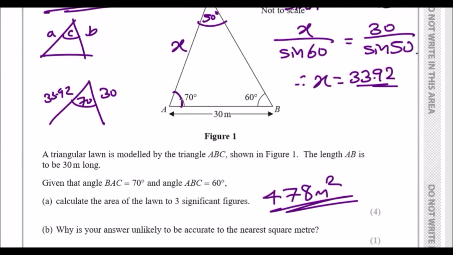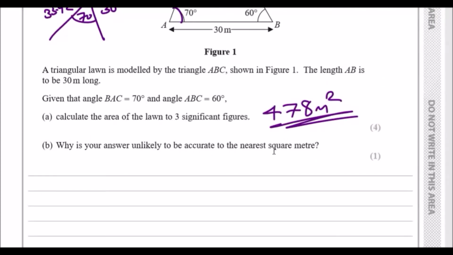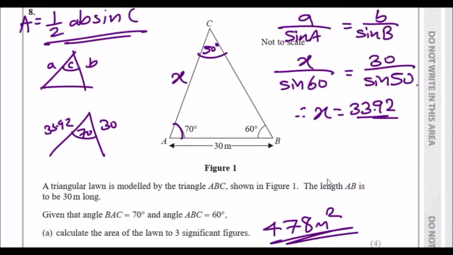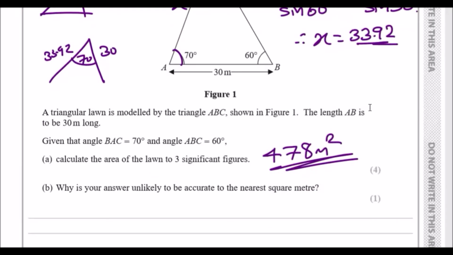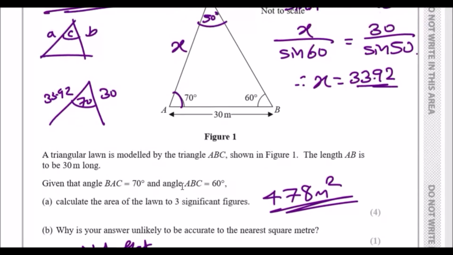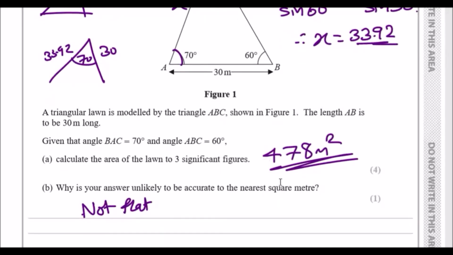This is the area on the baseline, but the area could be a lot greater because there might be a greater surface area or higher hedging. So you could say, as the mark scheme would say, that the lawn itself is not flat. You could just simply say not flat, or various other reasons around the shape not being entirely 2D. Another answer they suggested was 4 significant figures.